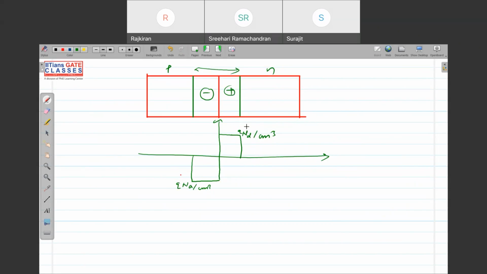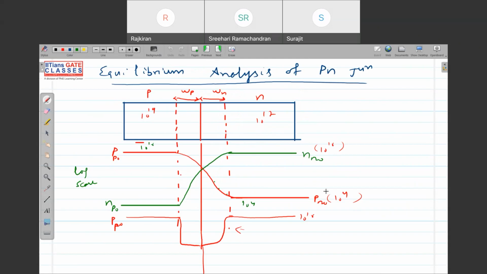We are talking about 10 to the power of 4 minority carriers. With 10 to the power of 16 N_D per centimeter cube, you may have minority carriers of order 10 to the power of 9 or 10. The order of magnitude difference is there. Clear?